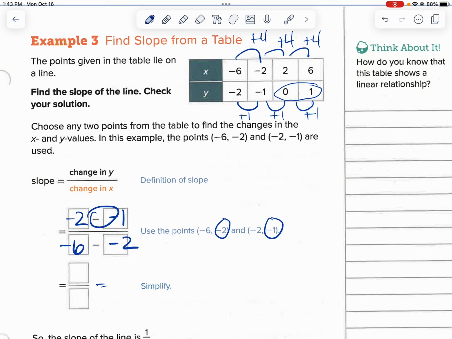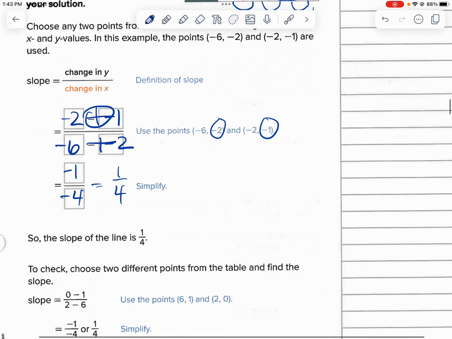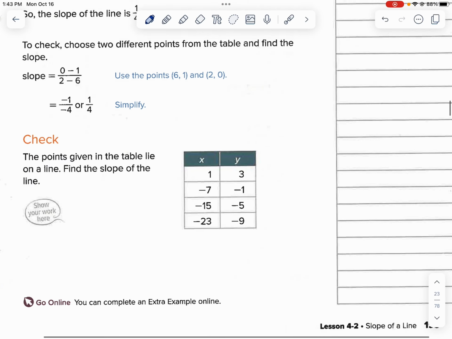That turns to positive, so negative 2 plus 1 is negative 1. That would get me negative 4. So 1/4. It still comes out the same. Doesn't matter which one you use.